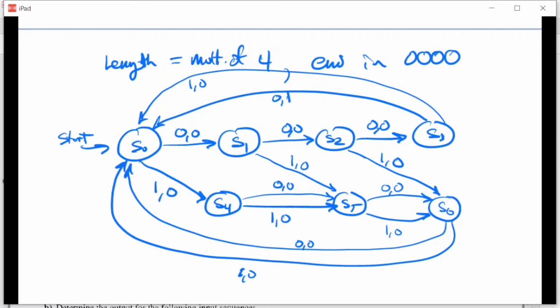So here's 1, 0, 0, 0 puts you back here, and then the next 0, it's like, oh, maybe this is it. That's because of this little requirement that you want to have a multiple of 4 as the length of the string. That was way complicated. I don't know if that could be simplified, but this is sort of a brute force, just get her done. And you might be able to simplify it some.